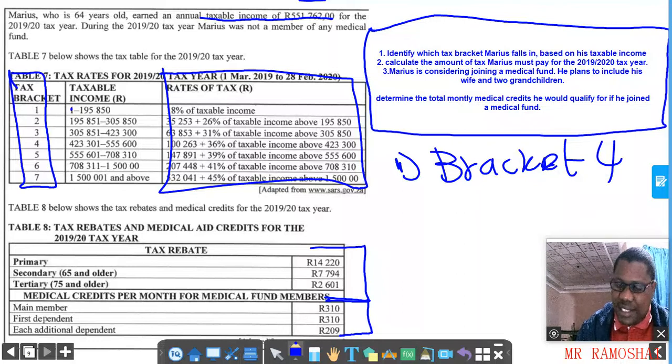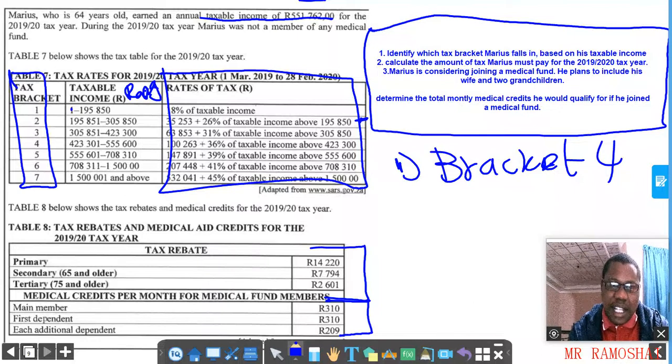Guys, don't try to be a star here. They said which tax bracket. This is not a bracket, this is the rate of tax. If they say which rate of tax, you must come here and write this the way it is. Then this is the taxable income, the range. This is where we identify which bracket we use.